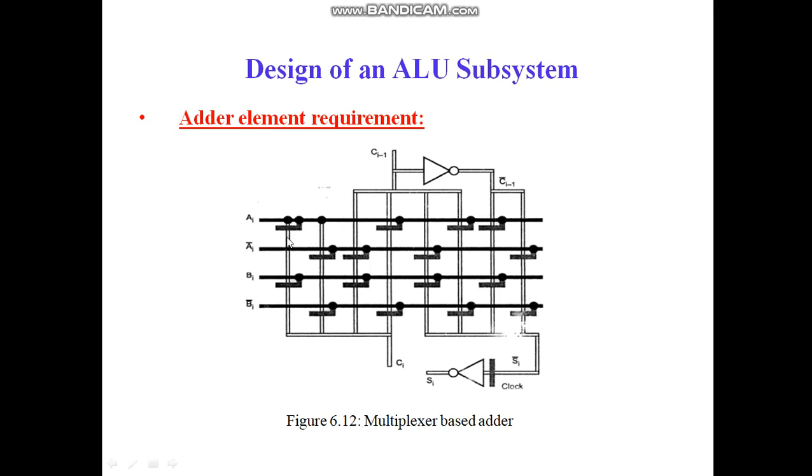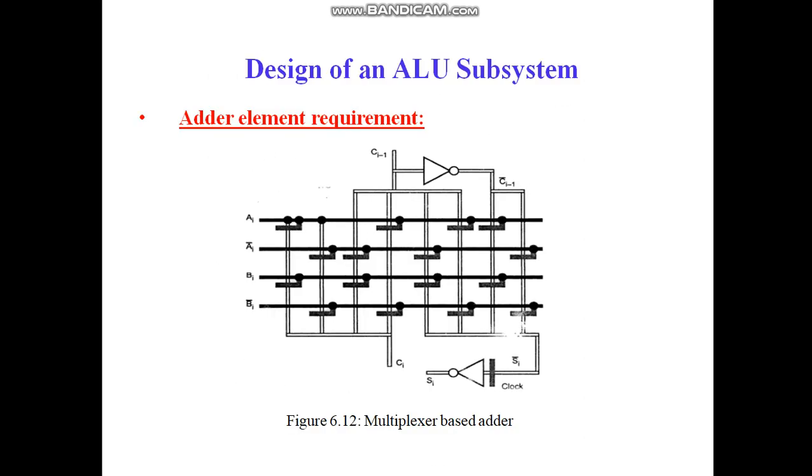Let us look into the expression for carry first. When AK and BK both are 1, or when AK and BK both are 0, for this combination you can see that CK is same as AK or BK.